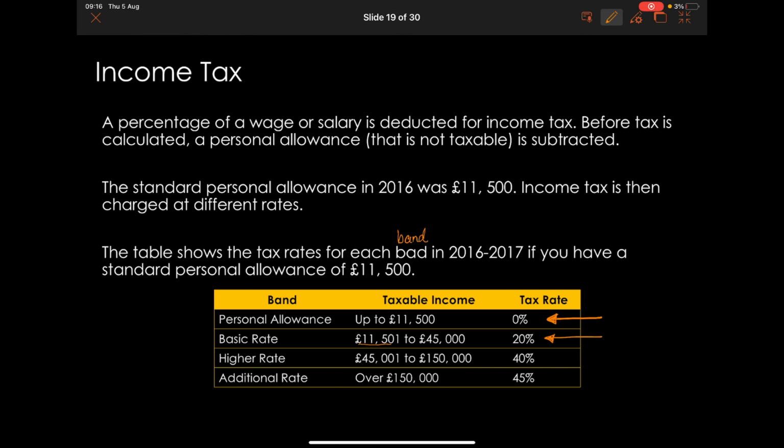So you keep the first £11,500, the rest is taxed at 20%. Any money over £45,100 up to £150,000 is taxed at 40%, and any income over £150,000 is taxed at 45%, which is a lot. The government are basically taking half of the rest of your money off you. Very annoying.